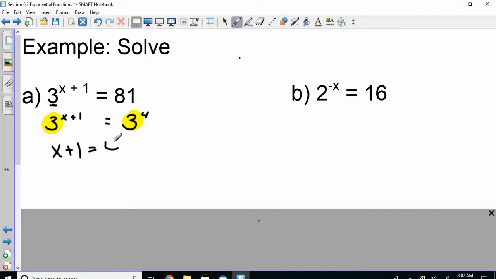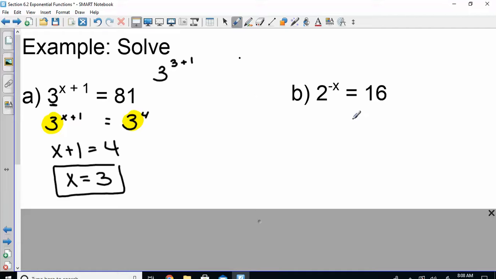So x plus 1 equals 4, which means x equals 3. Could you check these if you wanted? Yeah, absolutely. Just grab a calculator, and if you type in 3 to the 3 plus 1 power, you get 81. So it does work.